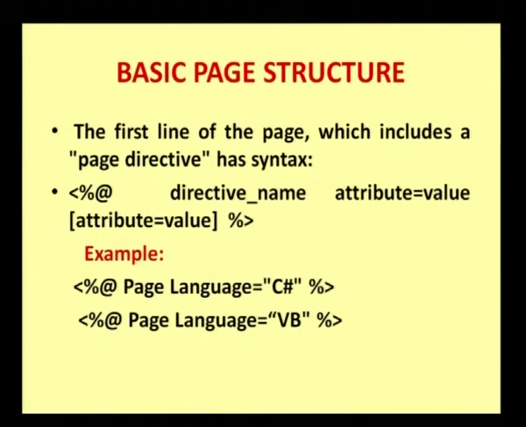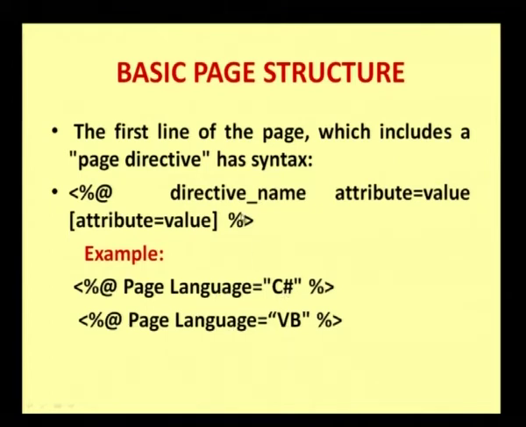The basic page structure for an ASP page always starts with the directive, written as <%@ directive name attribute = value %>. The directives can be of many types, and the important one is the page directive. We can use languages like C# or VB to write the ASP.NET programs.